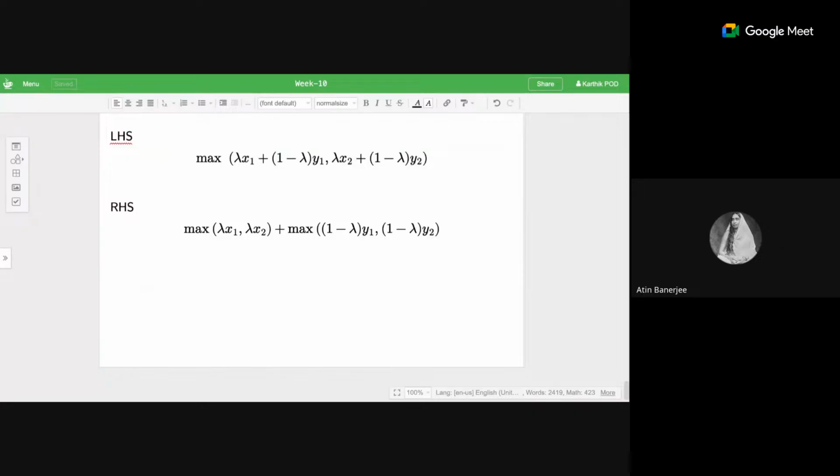Yeah, so in the top, in the LHS, you have max of lambda x1, and if you take x and y separately, you have lambda x1 and lambda x2. In the RHS, below you have again lambda x1, lambda x2. So if you separate out the coordinates, and suppose the maximum is lambda x1, you get the maximum in the RHS.